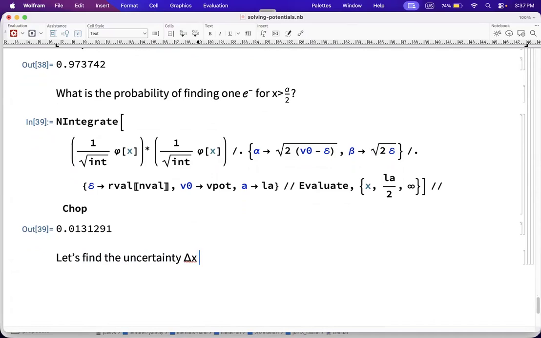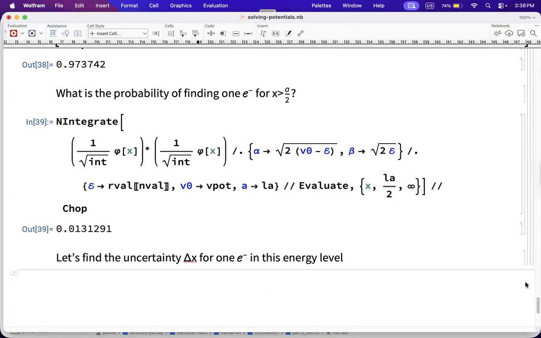That is the standard deviation of the position, for one electron in this energy level. Okay, how to do this? First of all, we have to compute.